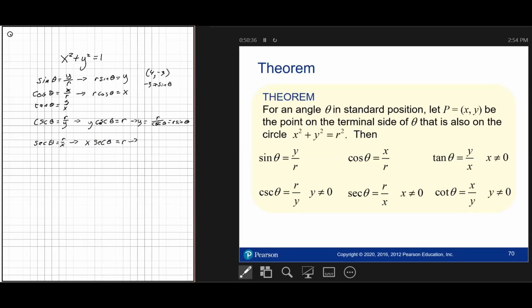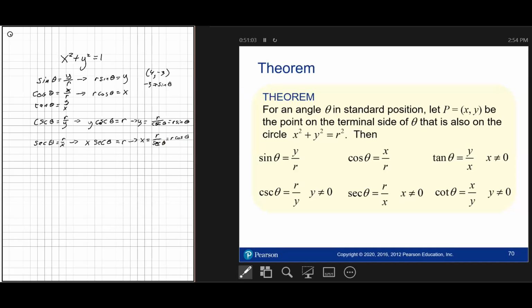And then dividing by the secant, you get x equals r over secant of theta. And since secant is 1 over cosine, this is just the same as r times cosine.